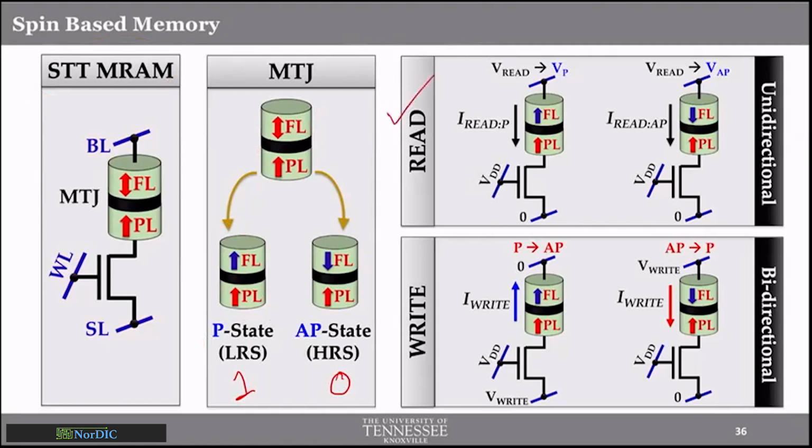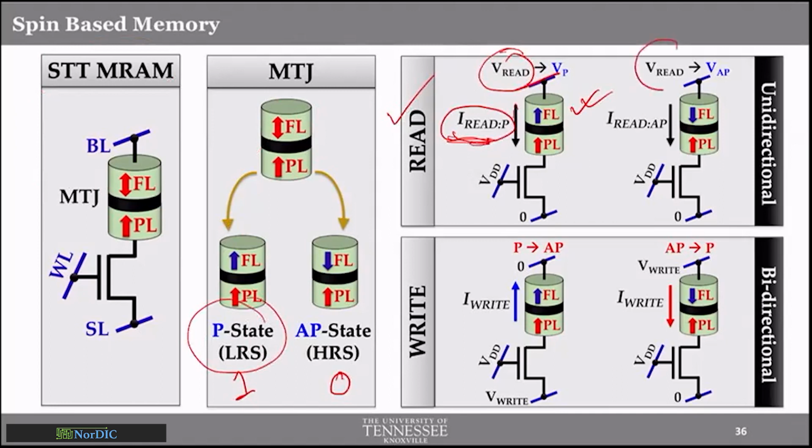Now, here is how you read and write. Let's talk about read first. You apply a fixed read voltage, and that read voltage will create two different levels of current. If you had a parallel MTJ, you will have a higher current because the resistance will be lower. Let's call this current I_read,P.